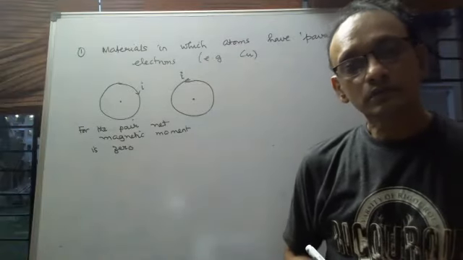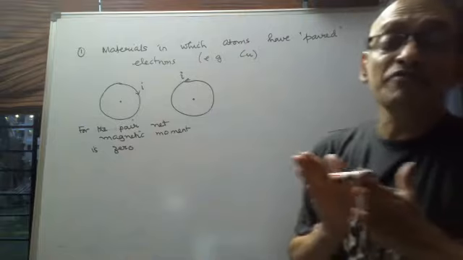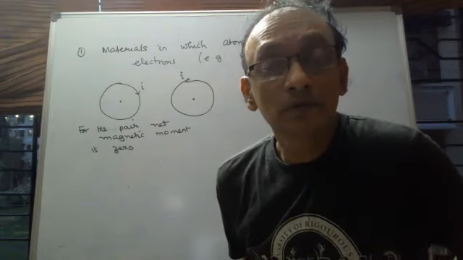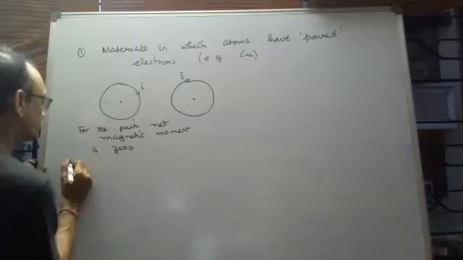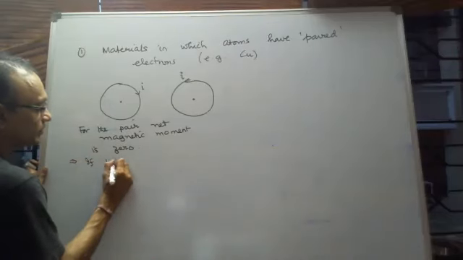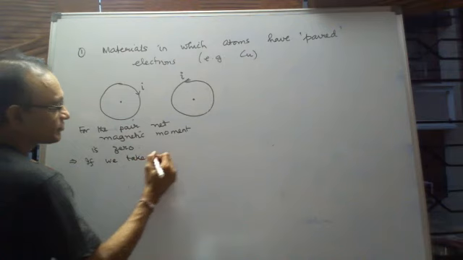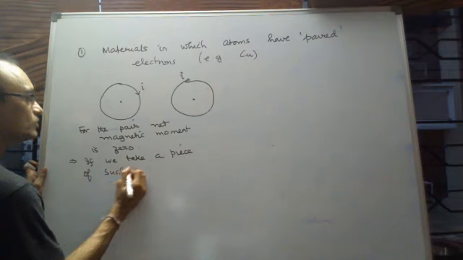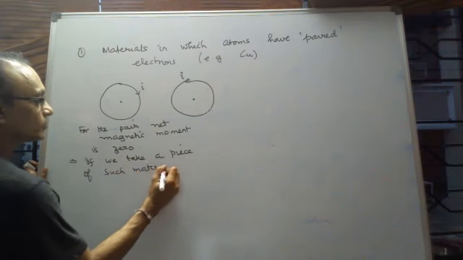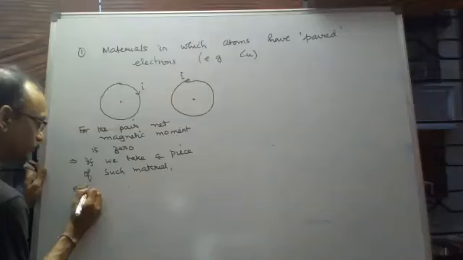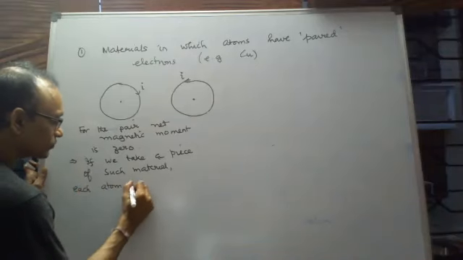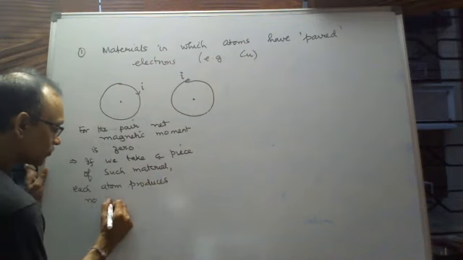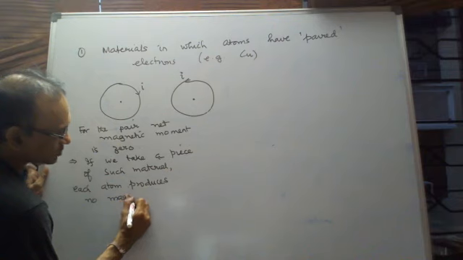Every atom, since it's paired, will produce no net magnetic moment. Which means if we take a piece of such material, each atom produces no magnetic moment because of the pairing of electrons.